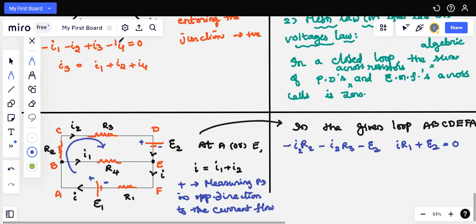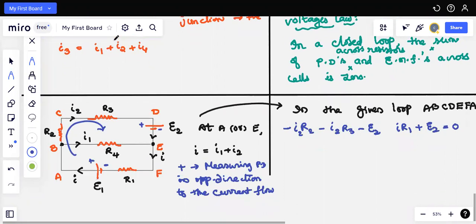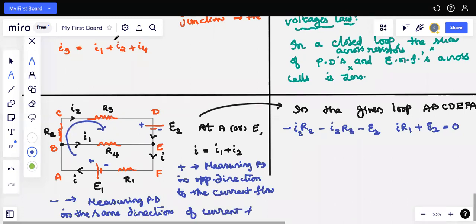Negative, measuring PD in the same direction of current flow.